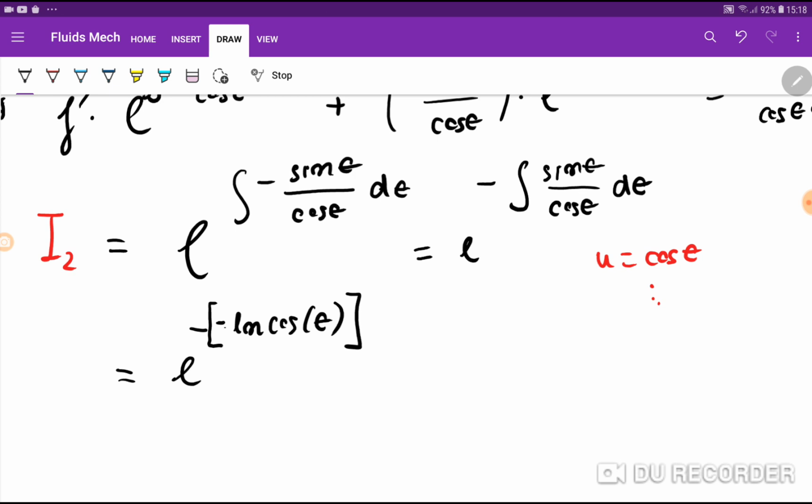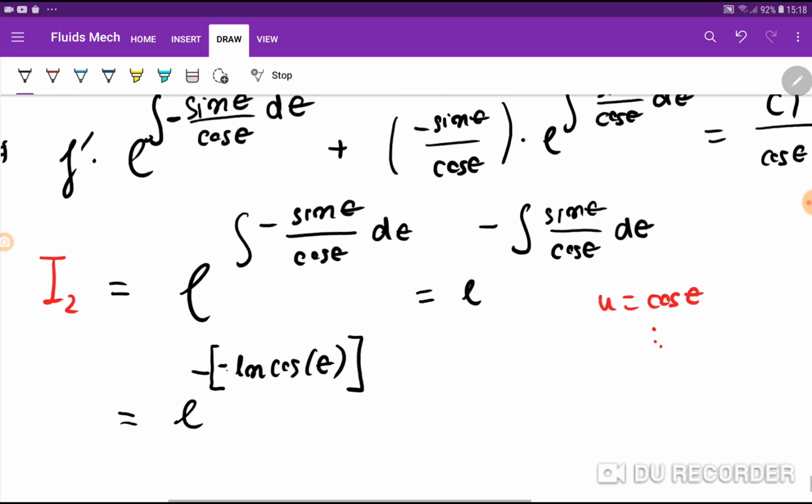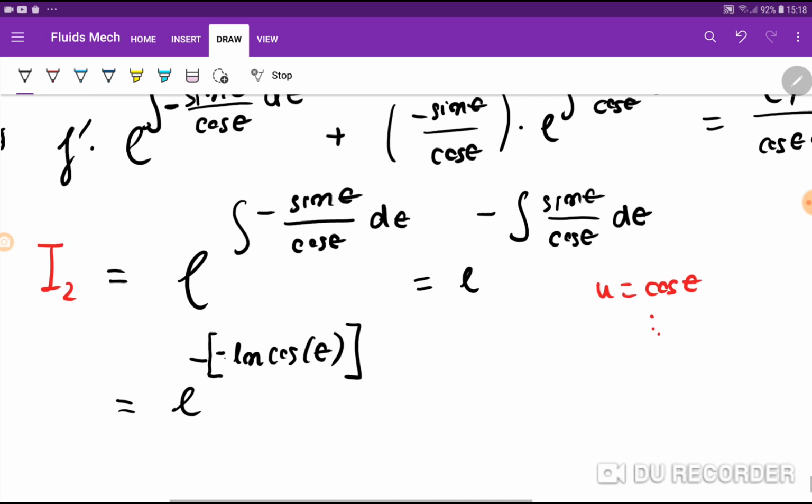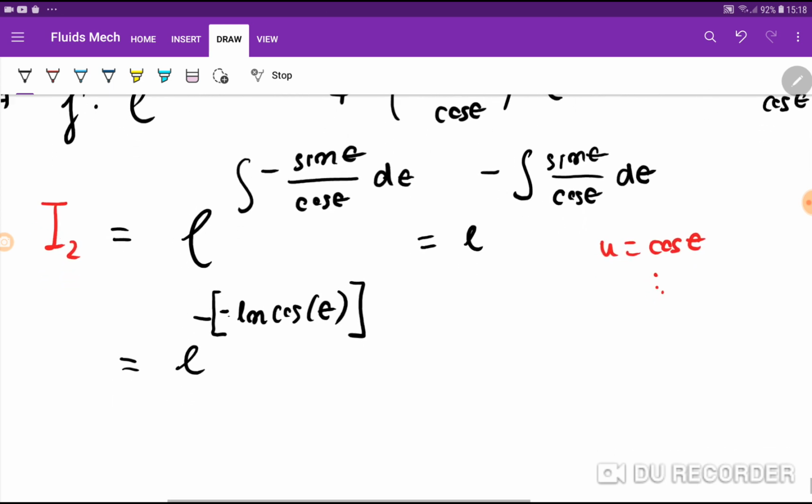I'm not going to add plus C because I just want to find one function, not a family of functions, to simplify into a single derivative.